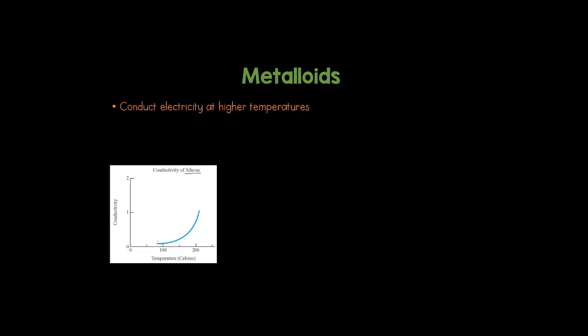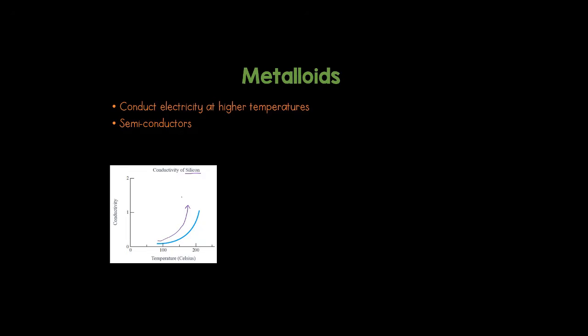It doesn't conduct very much at all at lower temperatures, but as the temperature rises, it starts conducting more and more electricity. And because they only kind of conduct electricity, or they conduct electricity only some of the time, they are called semiconductors. But that's actually a really, really good thing.